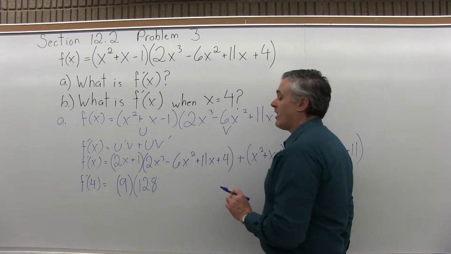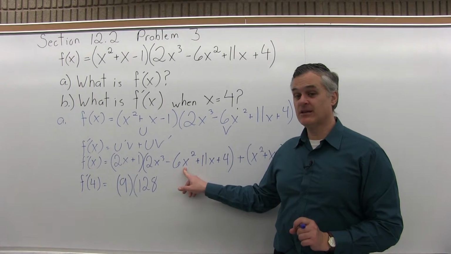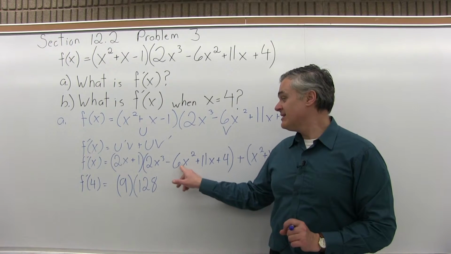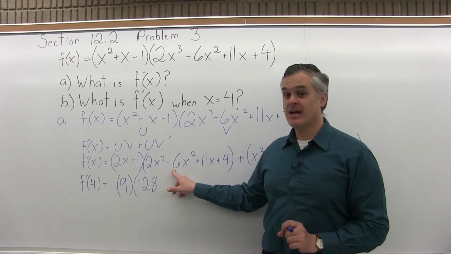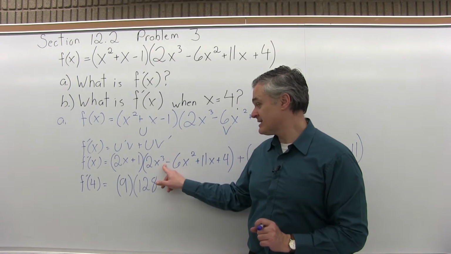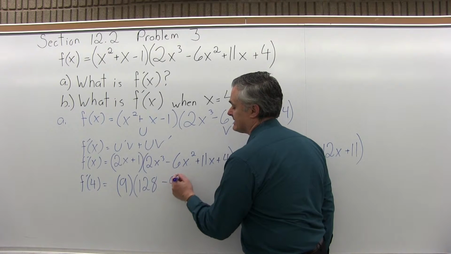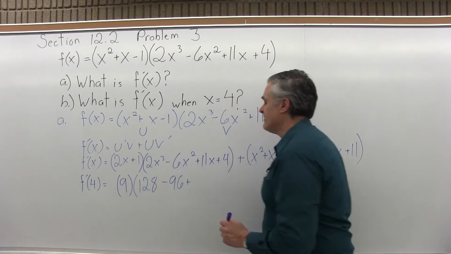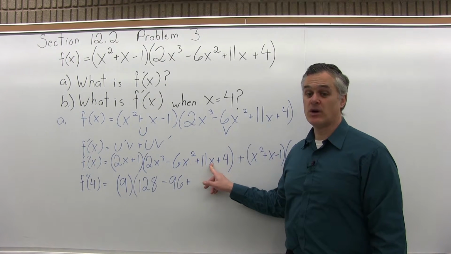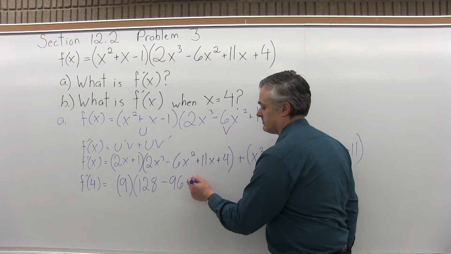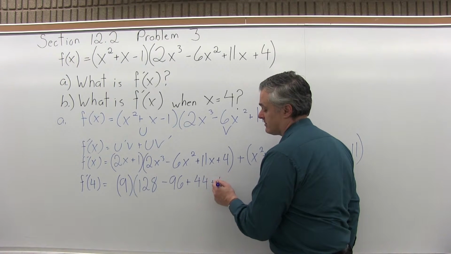If I put in a 4 for x, 4 squared is 16. 16 times the 6 in front is 96. And that's going to be negative, right? Because it's negative 6 times 16. So negative 96. And then 11 times x becomes 11 times 4, which is 44. And then there's a plus 4 on the end.